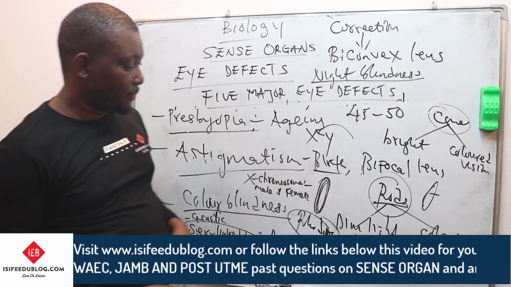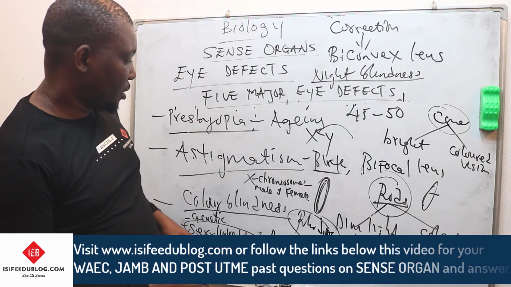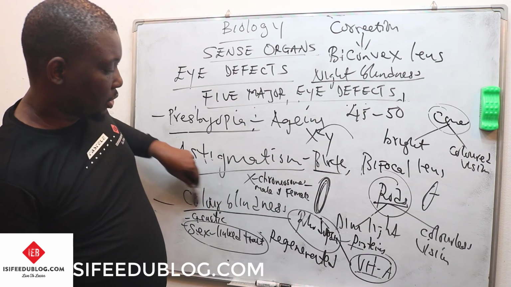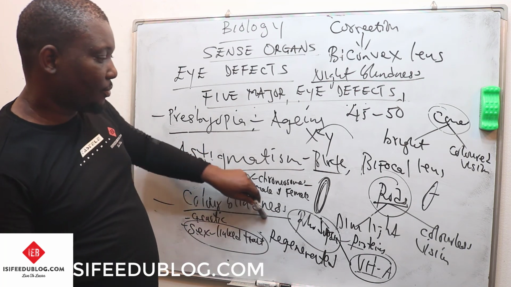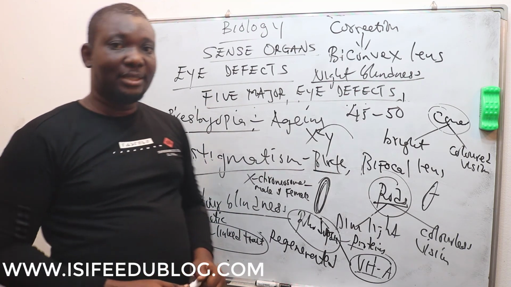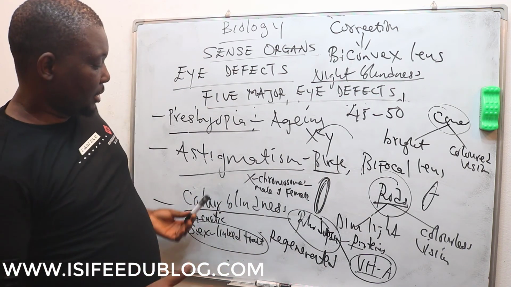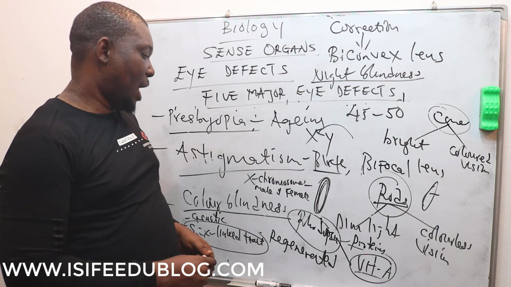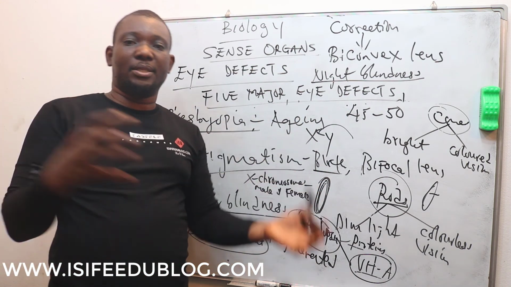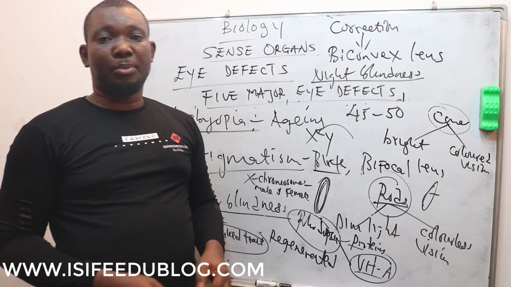I have treated this in my previous video in past question and answer, where we explained colorblindness. So it is a defect of the eye that is genetic. Genetic means that this eye defect can only happen when either parent or both parents carry the trait.